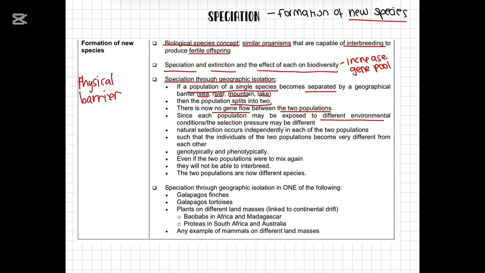Since each population may be exposed to different environmental conditions or different selective pressures, natural selection will occur independently in each of the 2 populations, such that the individuals become different, whether genotypically or phenotypically, that even if they were to mix again, they can no longer interbreed. This is because they are now different species. Remember that a species is capable of interbreeding to produce fertile offspring.